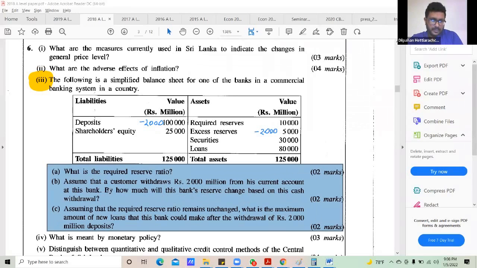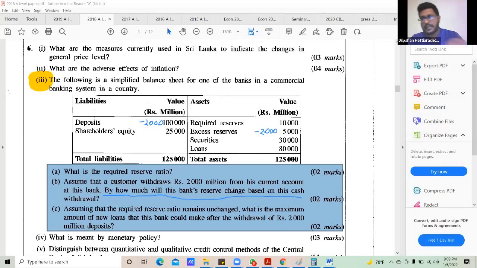Yes. So what's the question? By how much will this bank's reserves change on this cash withdrawal? So then you have to tell the initial reserves, or before the withdrawal, reserves equals 10,000 plus 5,000, 15,000. After the withdrawal, reserves equals 10,000 plus 3,000, 13,000, right?